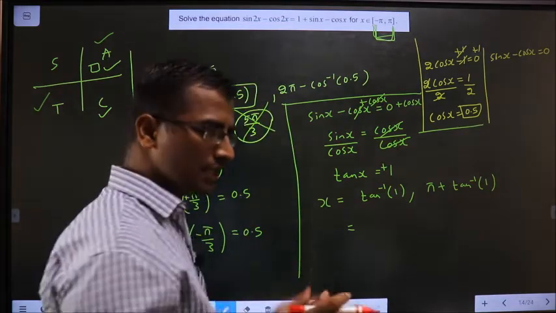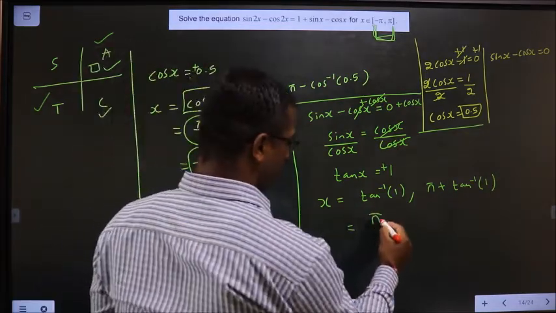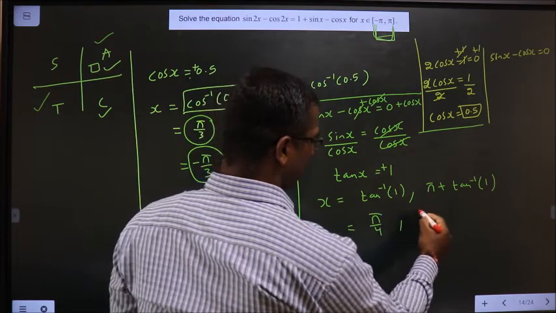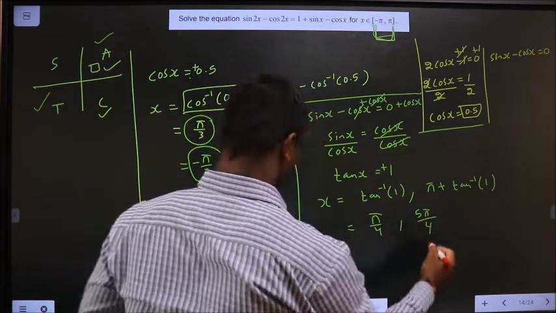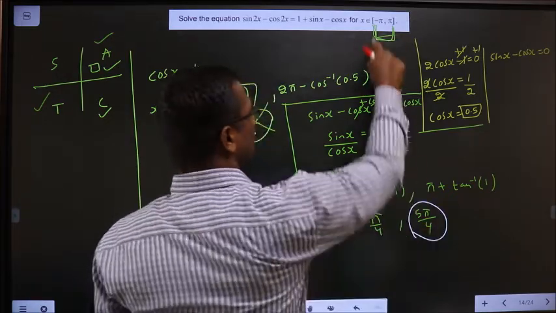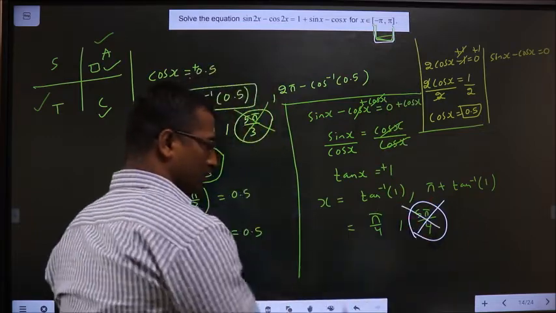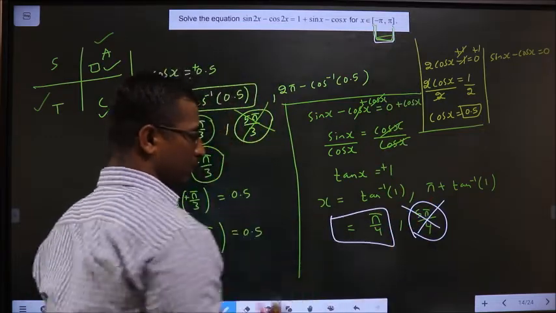Again, your calculator still should be in radians mode. So tan inverse 1 is pi by 4 and this will be 5 pi by 4. Now again, 5 pi by 4 does not lie in the interval. So cut it out. So your answer is only pi by 4.